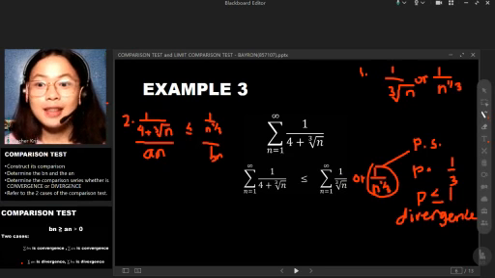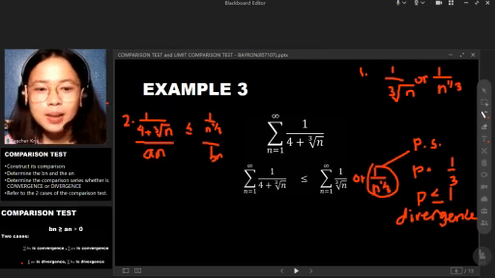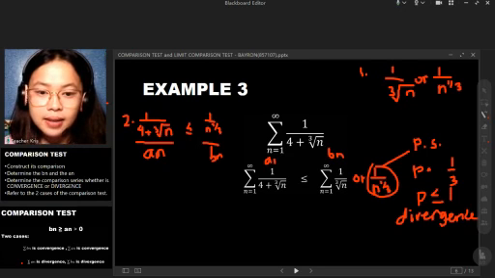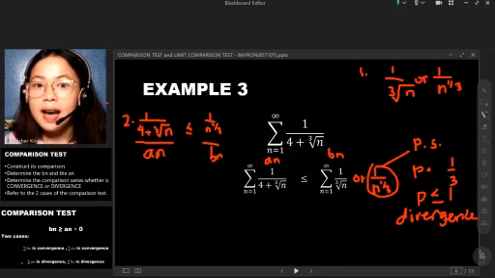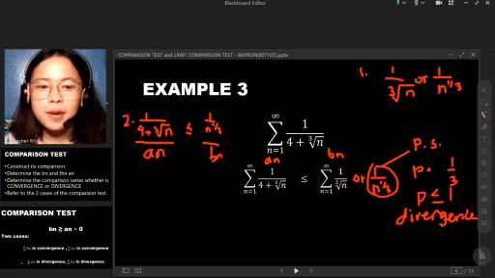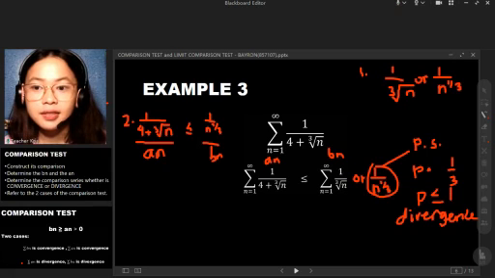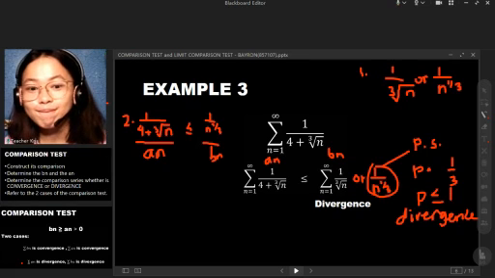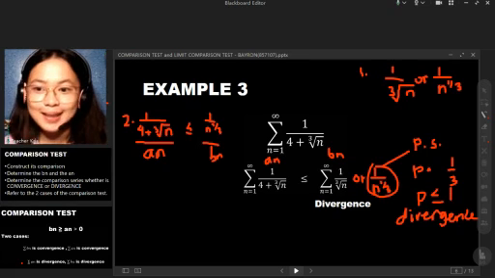Okay, so now let's have the two cases. So let's have this big sequence and small sequence. Now, let's refer to the two cases. We have here, if big sequence is divergence, then the small sequence is not necessarily divergence.